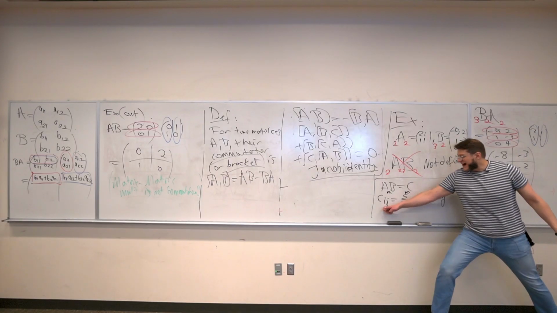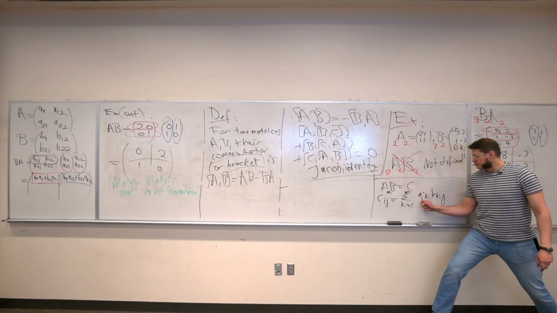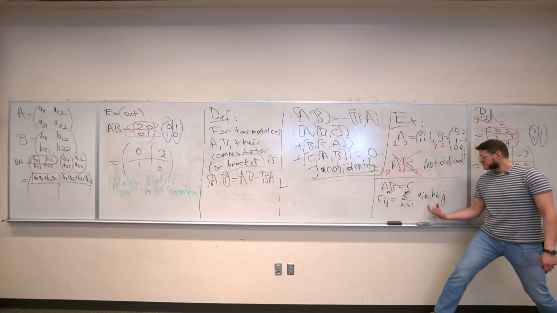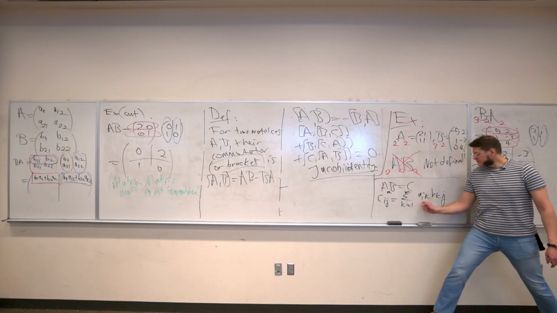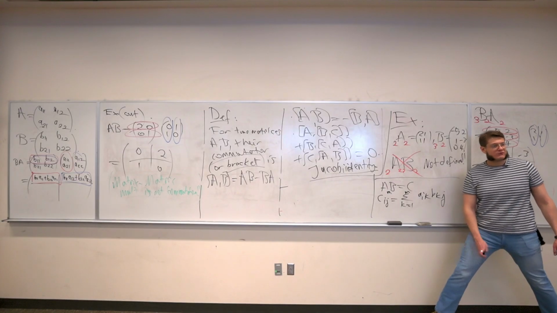If you're looking at the ij entry of the product, you fix the leftmost index to be i, you fix the rightmost index to be j, and then the middle index you run through all possible values. Multiply, add them up, that gives you the ij entry of the product. That's the rule, if you want to be explicit.